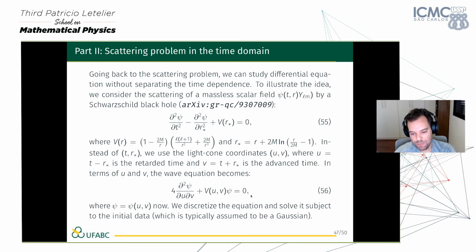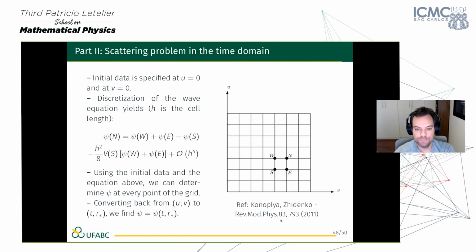Typically people assume a Gaussian profile for this initial data. You discretize space and time, but now in terms of these coordinates u and v, so you have this grid here.